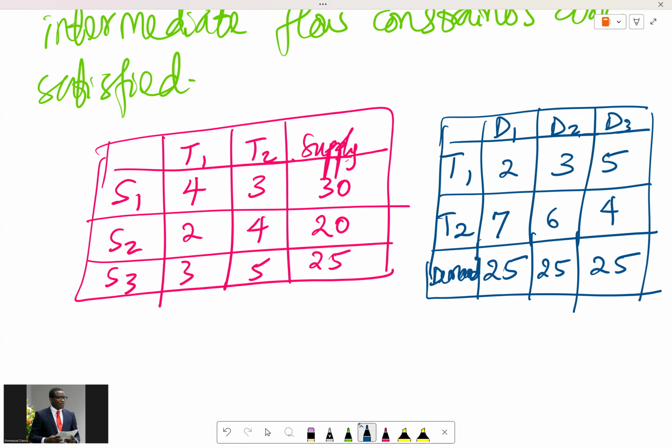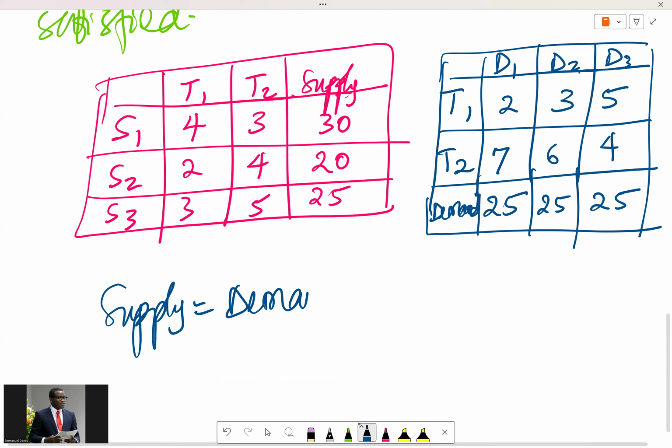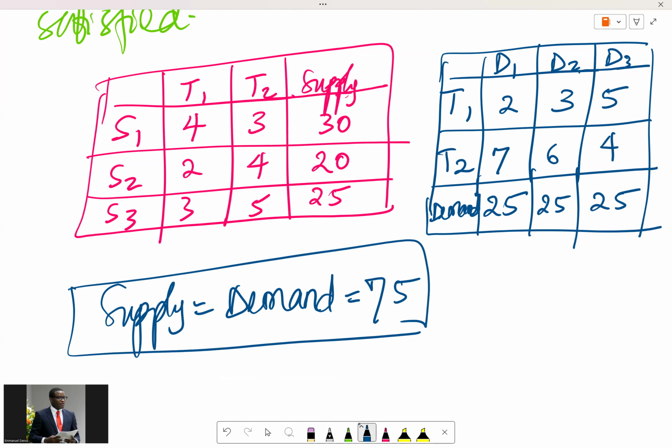Now you will discover that supply is equal to demand. Supply is 30 plus 20 plus 25, that's 75. And demand is 25 plus 25 plus 25, which is 75. So we have a balanced situation. If it is not balanced, we may need to make bits of changes in the way we formulate the linear programming problem.